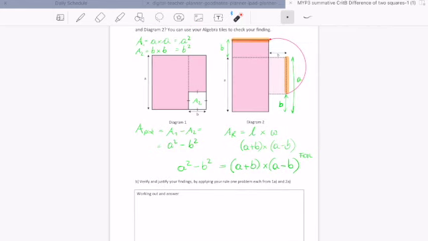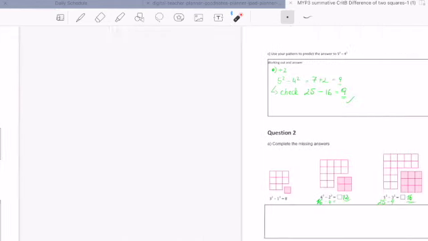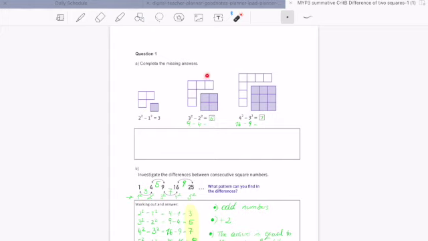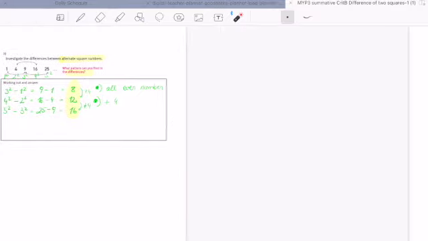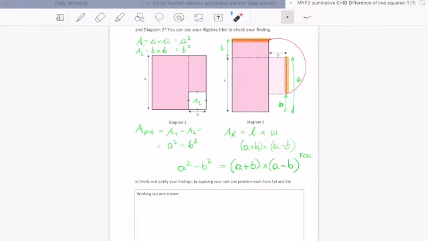Now it says here, verify and justify your findings by applying your rule to one problem each from 1a and 2a. So I am going to pick this one for 1a. 3 squared minus 2 squared. And I should now apply this rule to this question.